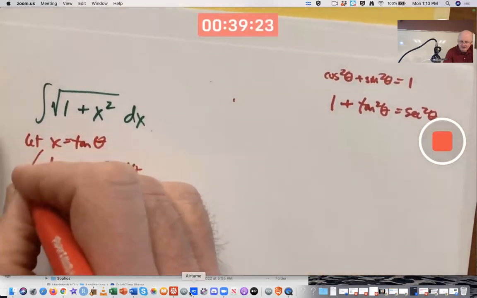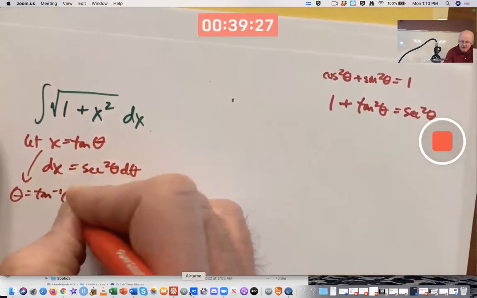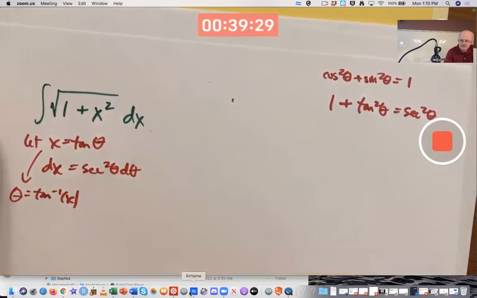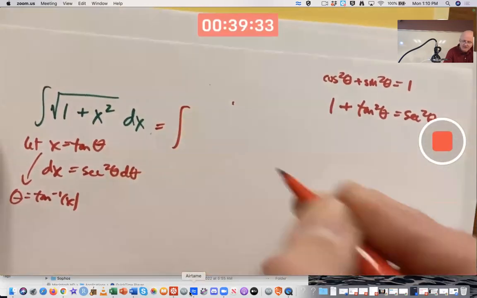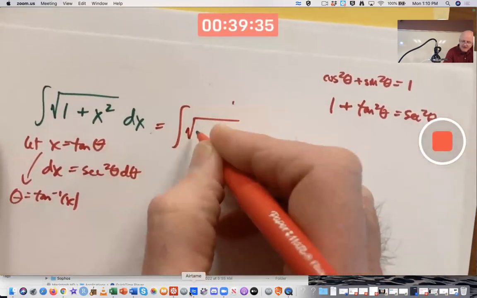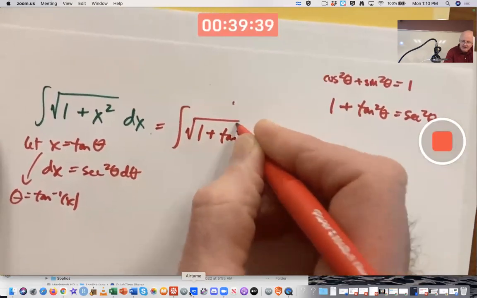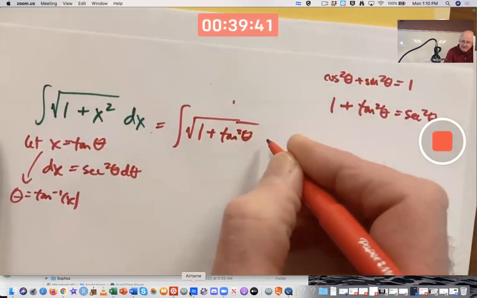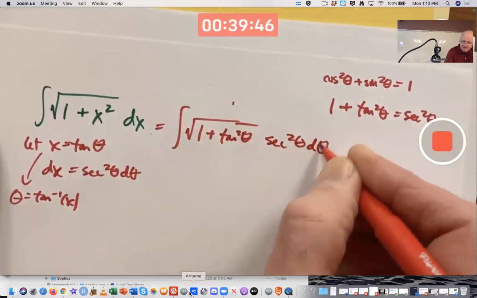I might also need the fact that theta will be inverse tangent of x. That might be helpful as well. Make the substitution, replace x with tangent, get square root of tangent squared theta, replace the dx with secant squared theta d theta.